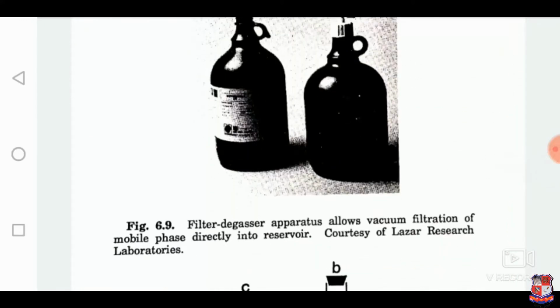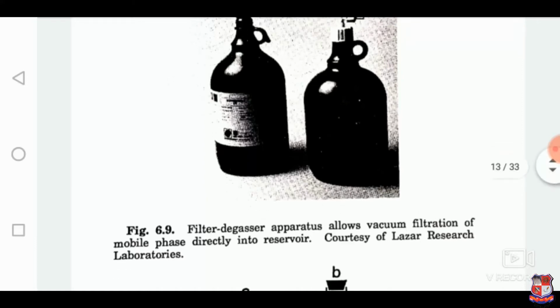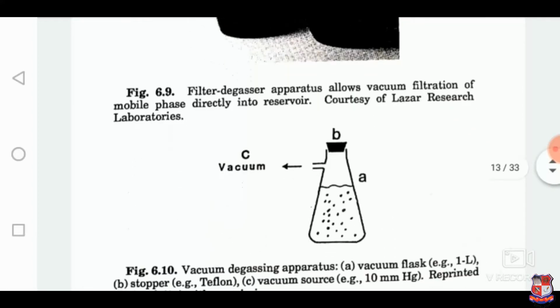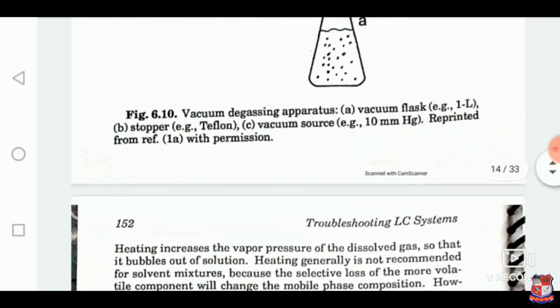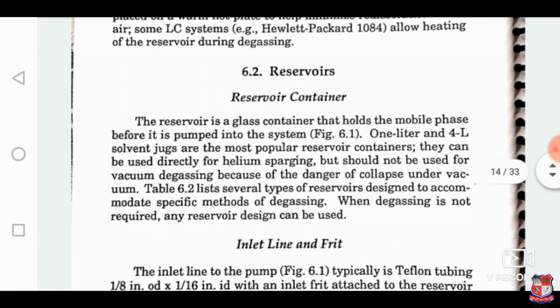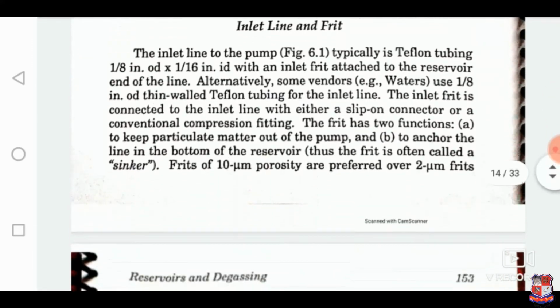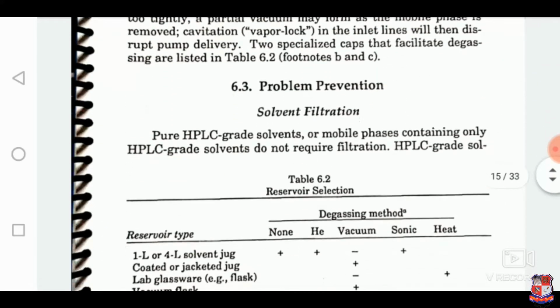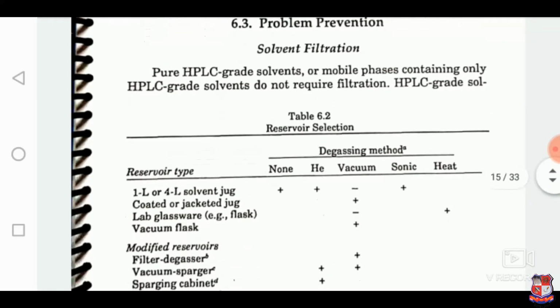Here the figure illustrates the filter degasser apparatus, which allows vacuum filtration of the mobile phase directly into the reservoir. Here is another figure: vacuum degassing. Reservoir container, inlet frit, reservoir caps. Problem prevention, solvent filtration.